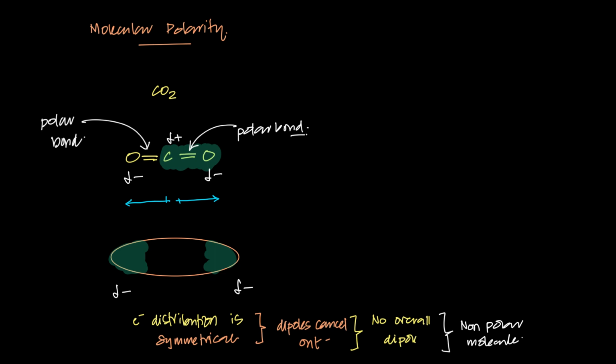Let me show you some more examples. I'll give you another molecule. If you remember AlCl3 or even BF3, it has 3 single bonds. So let me draw BF3 right here. The BF3 bonds are polar. Each individual bond is polar, meaning that in BF3 the electrons are moving towards fluorine.